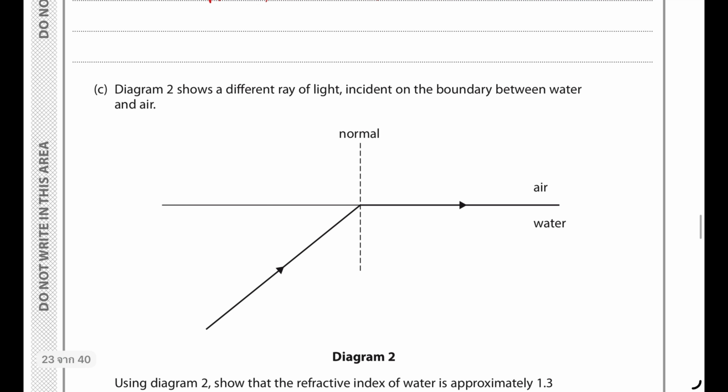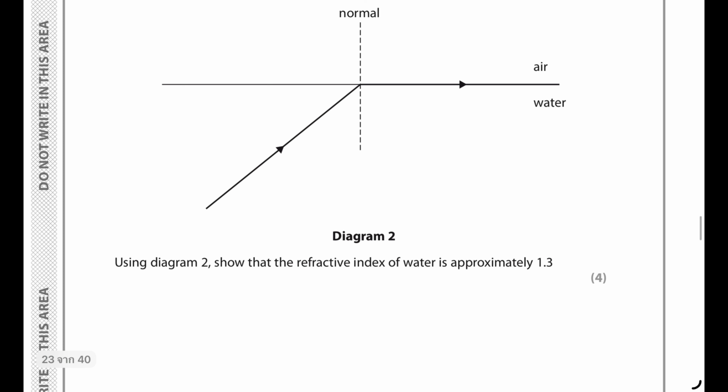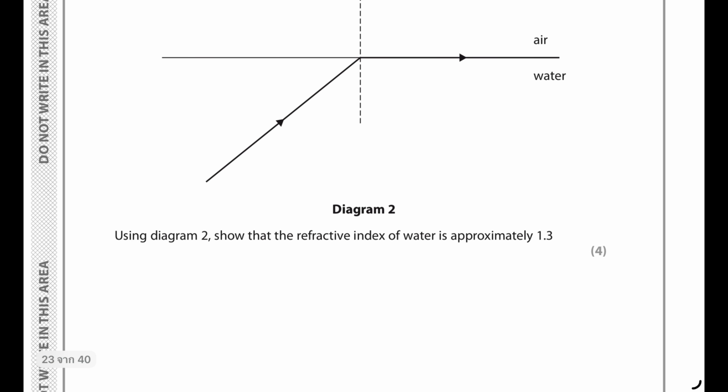Okay. Then question C. Diagram 2 shows a different ray of light incident on the boundary between water and air. Using diagram 2, show that the refractive index of water is approximately 1.3. So this angle, which is the critical angle, is equal to 50 degrees.